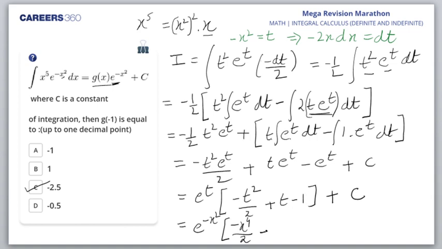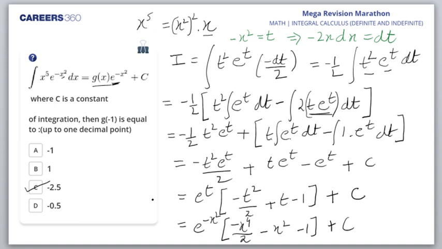Plus t is minus x square minus 1. Now what do I get? I have to find g of minus 1. When I put g of minus 1, this whole thing is g(x), isn't that right?